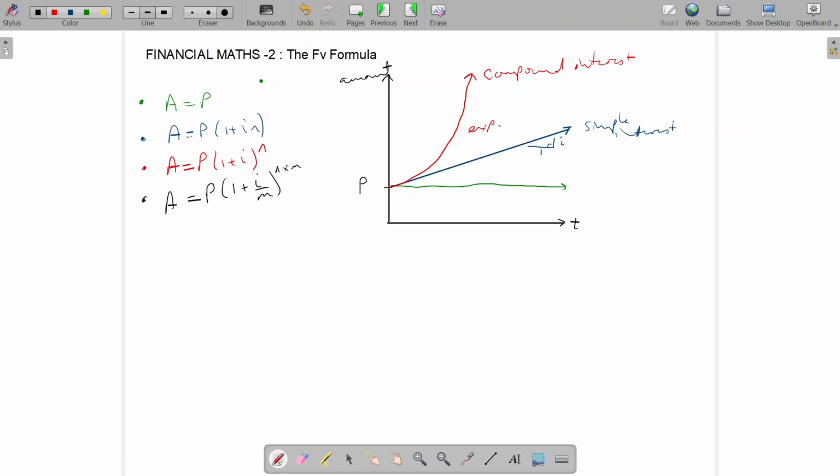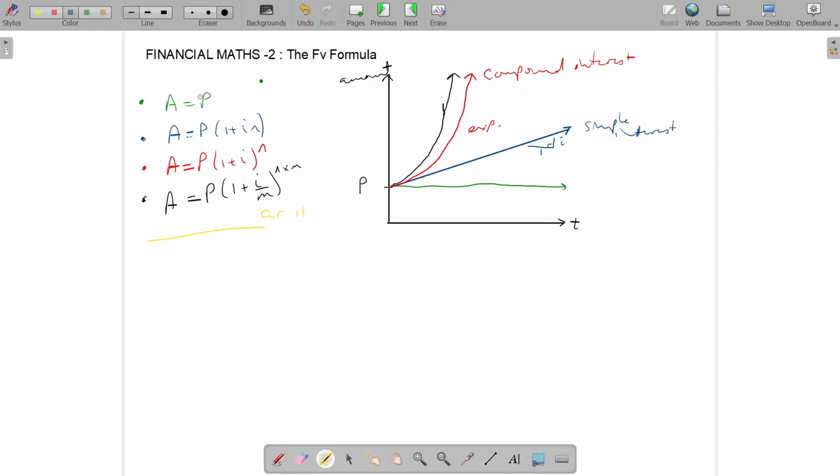And this one would have grown just ever so slightly faster, not much faster. It would also have been compound interest, but it would have gone up ever so slightly faster. Now, that is where we were at the end of grade 11.